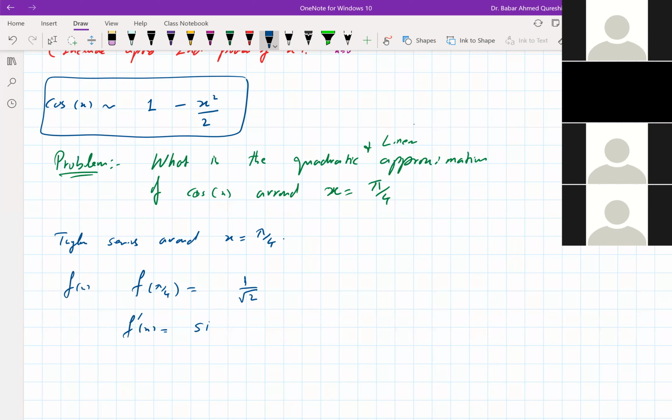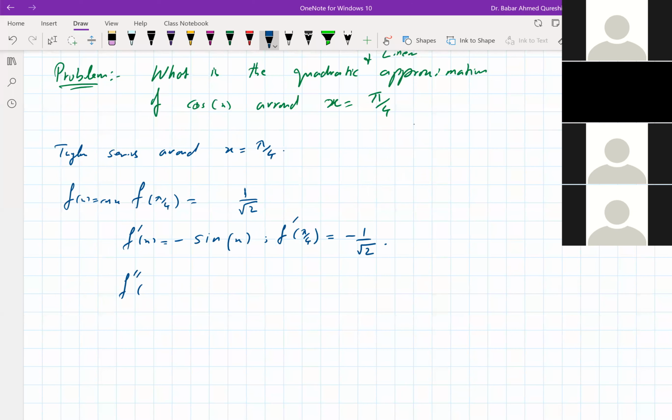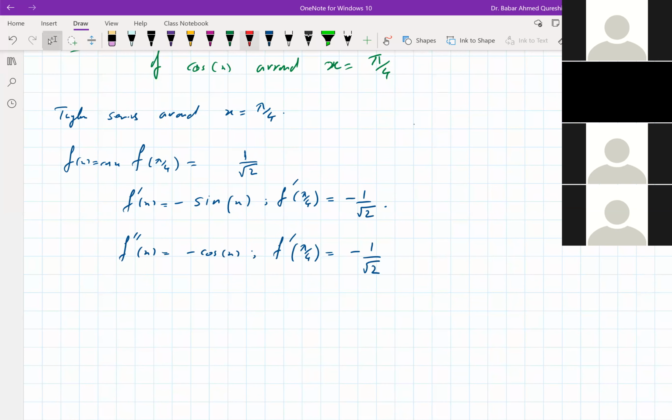So f of x is cosine x, the derivative is minus sine of x, and at pi by 4 is minus 1 over under root 2. And f double derivative is minus cosine of x, and when I evaluate it at pi by 4, I get minus 1 over under root 2, and so on.